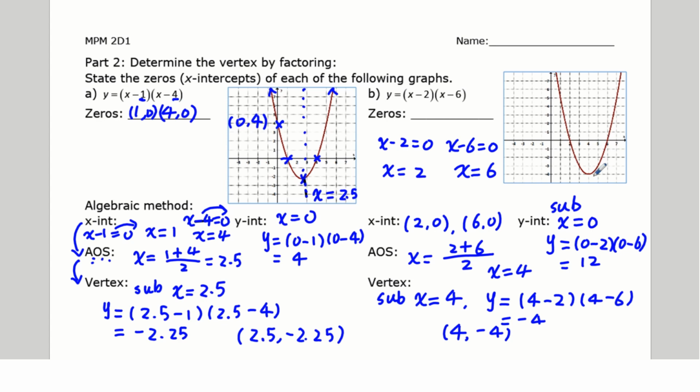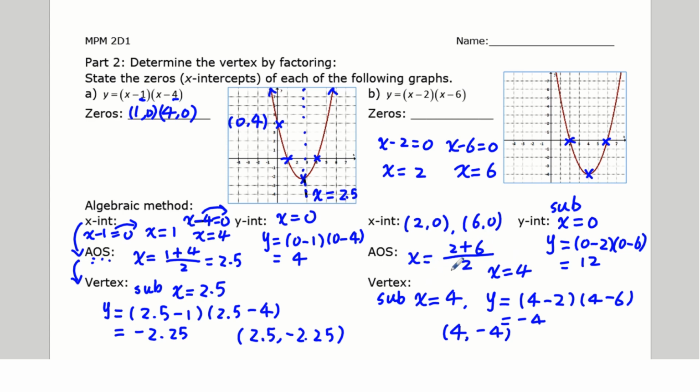And check this graph. So 4, negative 4 is vertex, 2, 6 are the zeros, and here will be 0, 12 is your y-intercept. So this one is a factor form given, then you could find the x-intercept, y-intercept, and from x-intercepts, you can find the axis of symmetry is midpoint of the x-intercepts.